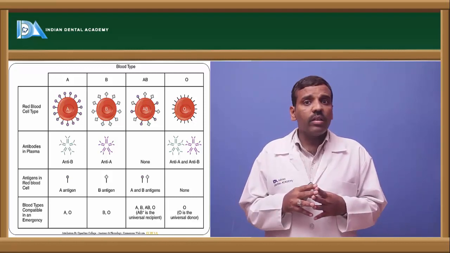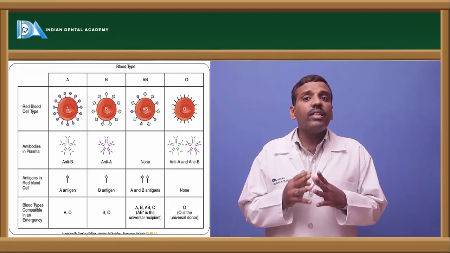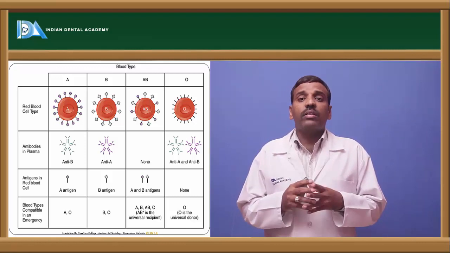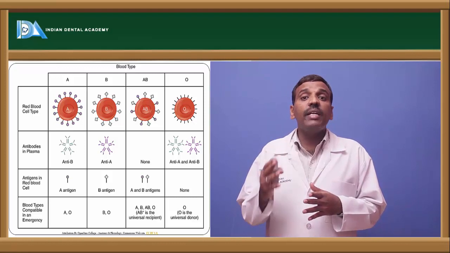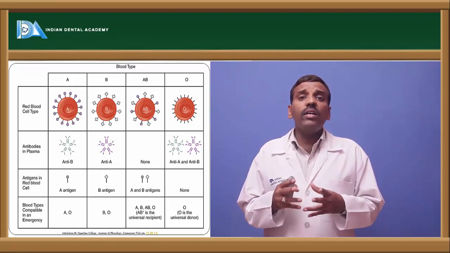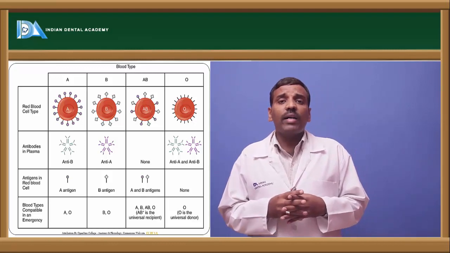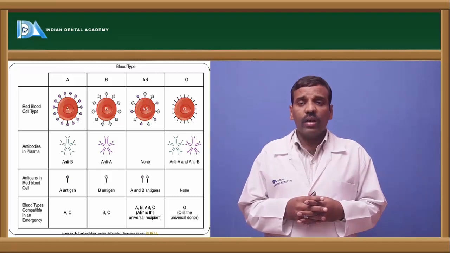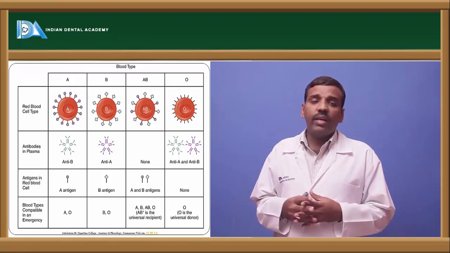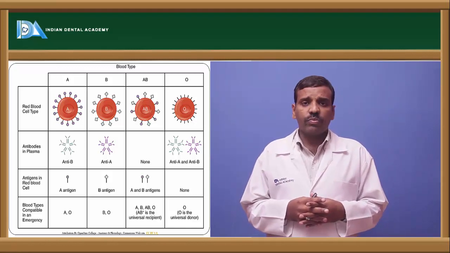And law 2 is, if the A type of antigen is present on the surface of the RBCs, the opposite type, that is the B type of antibody, must be present. According to these two laws, the blood groups are divided into 4 types: blood group A, blood group B, blood group AB and blood group O.